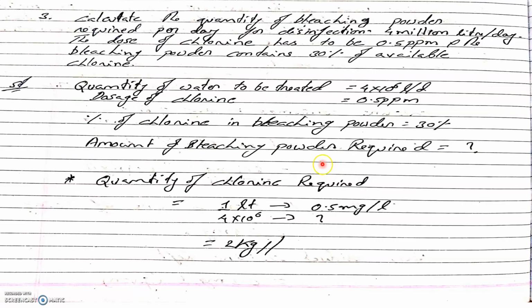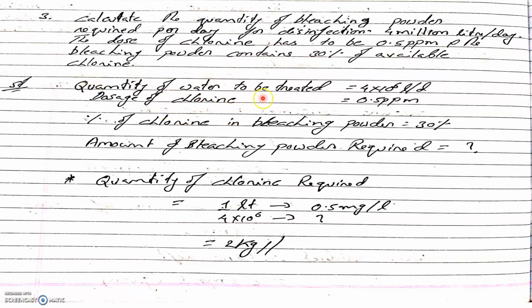Next, calculate the quantity of bleaching powder required per day for disinfection of 4 million liters per day. The dosage of chlorine is 0.5 ppm, which you can write as milligrams per liter, and the bleaching powder contains 30% available chlorine.